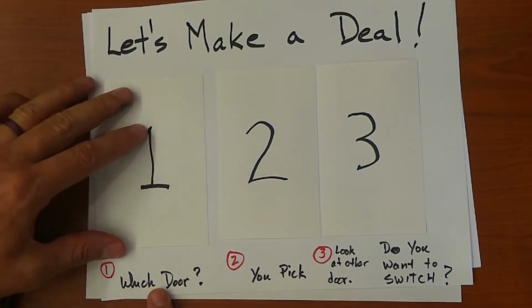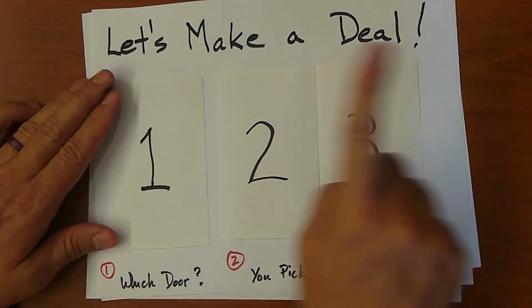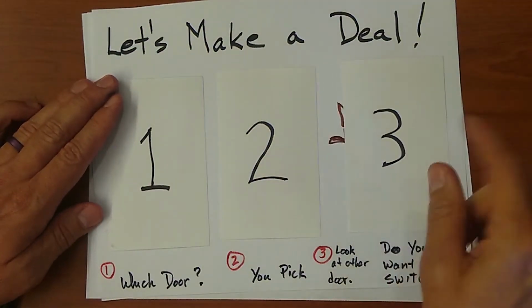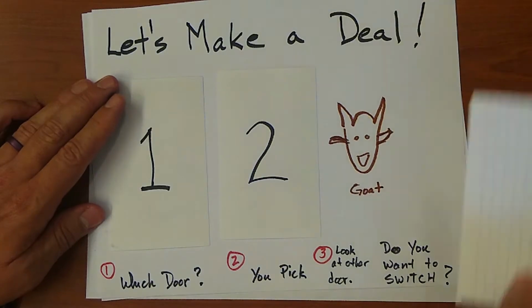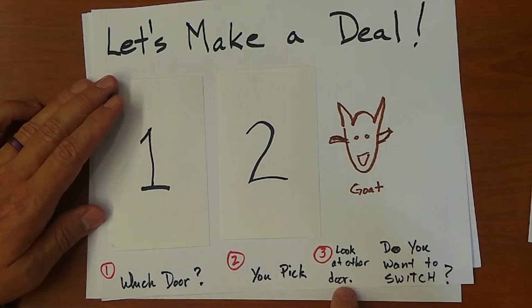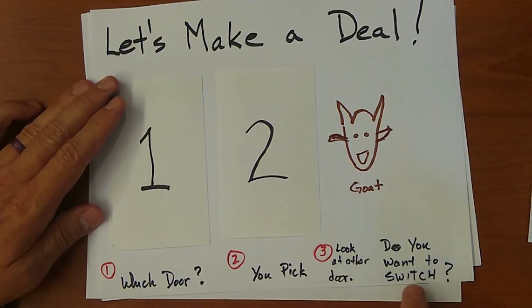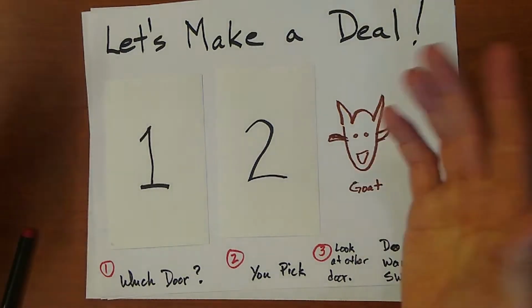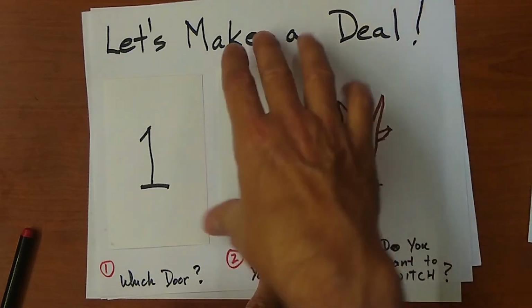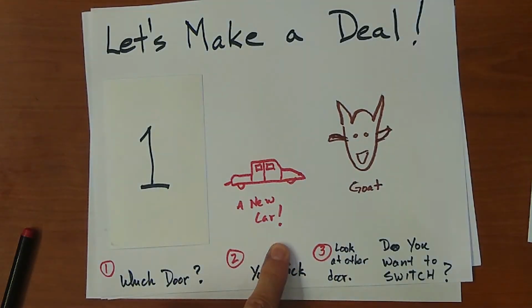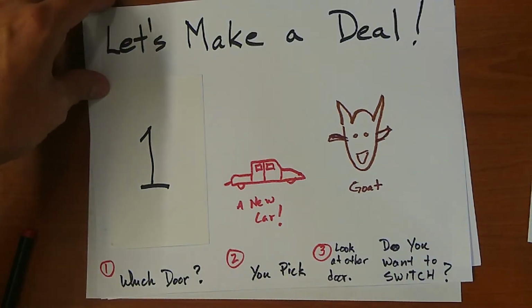Then the host says, I'm going to show you what was behind door number 3. Behind door number 3 is going to be a goat. So do you want to switch your choice to door number 2? And if you're playing the switch strategy, you'd switch to door number 2 and see what's there. And so we know what's going to happen, right? Door number 2 is going to have a new car. That's the switch strategy. So now the question is, what's the probability of winning with the switch strategy?